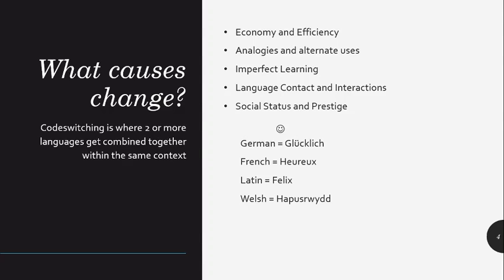Here we have the idea of code switching, which is where two or more languages get combined together in the same region to essentially form something different, like a combination of German and English. Nowadays, it's a modern language. It's called Danglish.